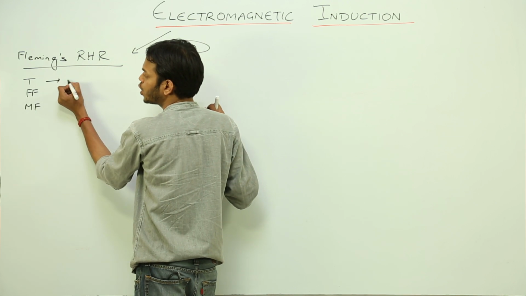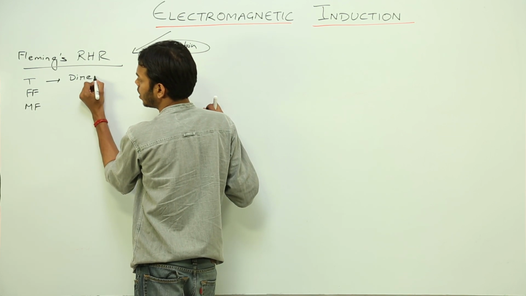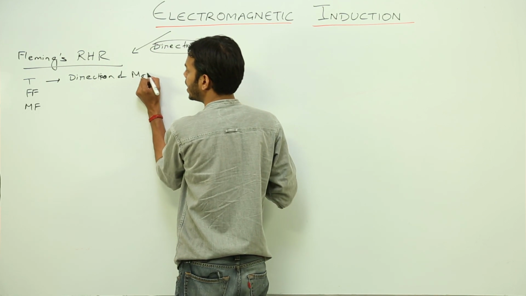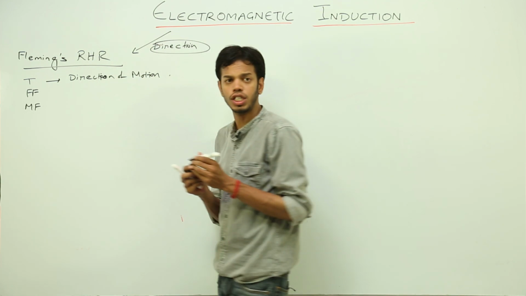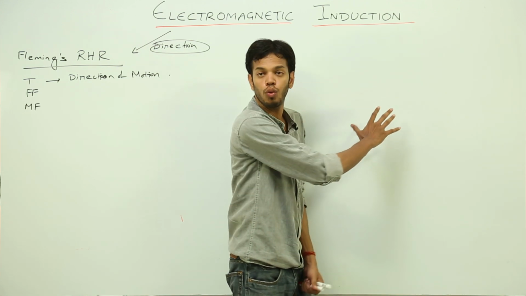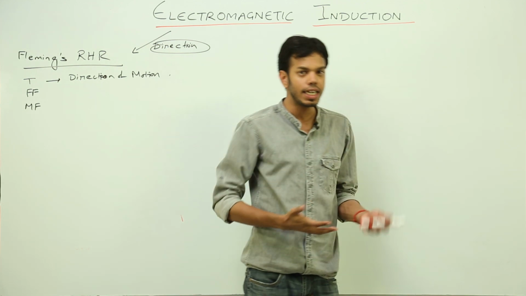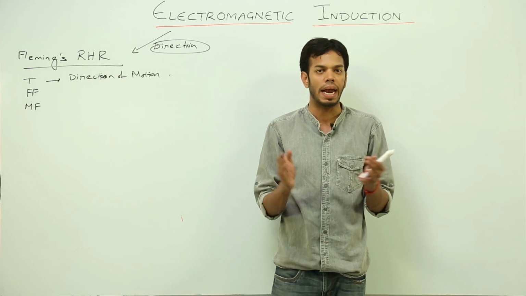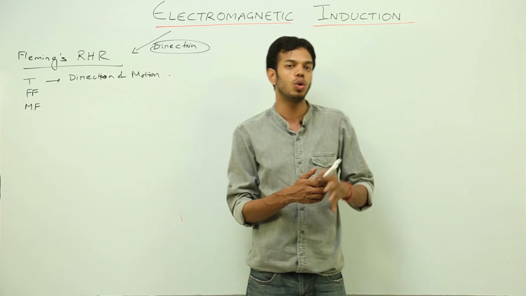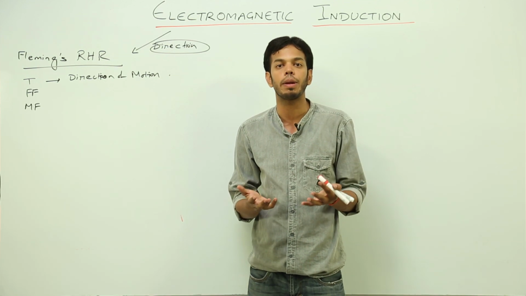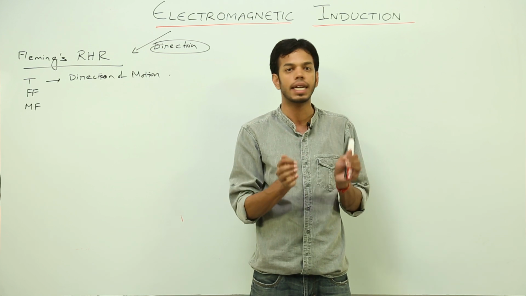Thumb corresponds to the direction of motion of the conductor, because generally what I was doing was bringing the magnet closer to the loop, right? But generally we do not do so. Magnets are those devices or products used in experiments from which we get the magnetic field.